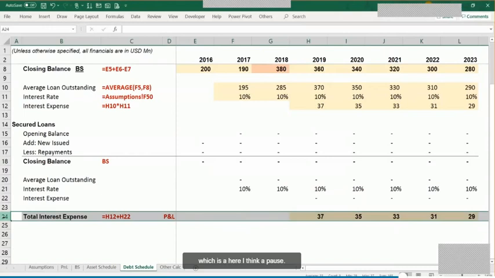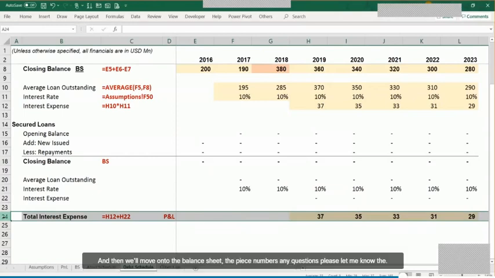I'll take a pause here for you to ask any questions that you have till this stage, and then we'll move on to the balance sheet to plug these numbers. Any questions, please let me know over the chat window.